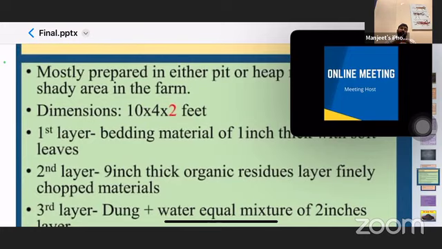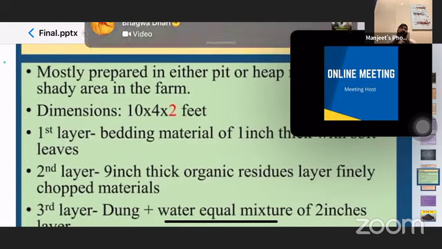So there are 3 layers in the bed of raw material, continuing up to the ground level. Regular watering should be done before introducing the worms in the bed. On the 24th day, almost 4,000 worms are introduced in one pit.